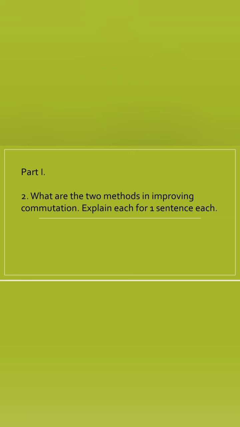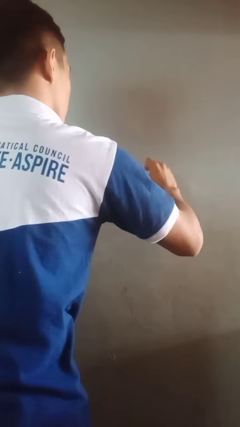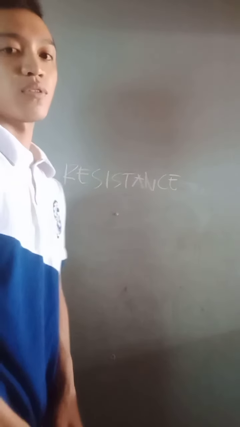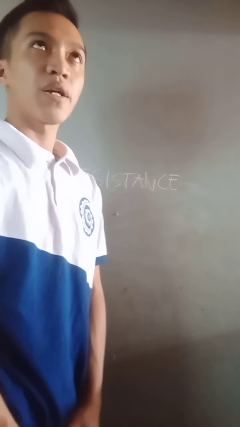So question 2 is, there are two methods to improve commutation. The first one is resistance commutation. And resistance commutation is done by replacing low resistance copper brushes by high resistance carbon brushes.